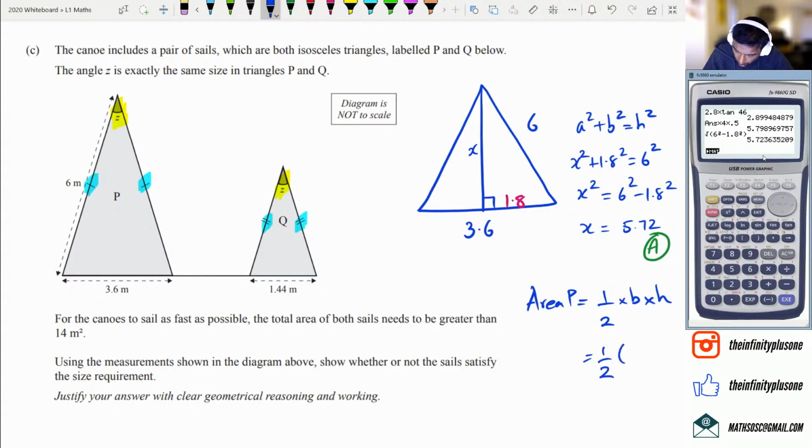Our base is 3.6 and our height is 5.72. You notice that I haven't moved my calculator. I've just left it at that 5.72, and I'm going to multiply it by 3.6, and multiply it by a half. When I do this, I get an area of 10.303.